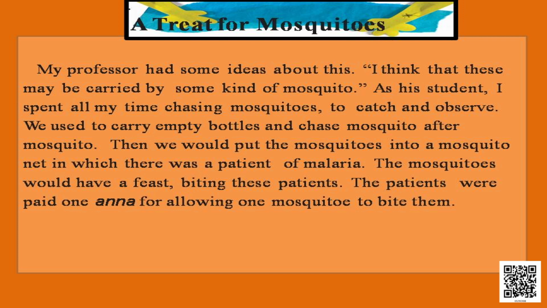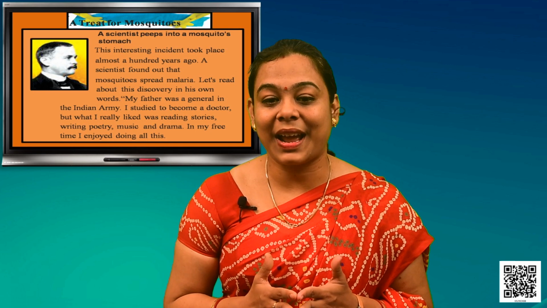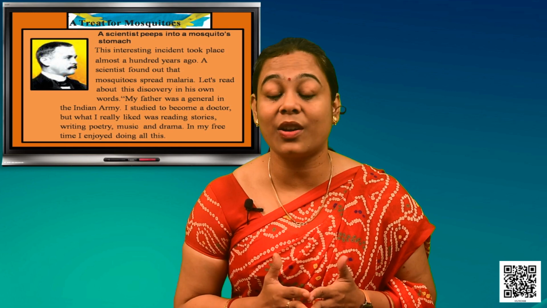The patients were paid 1 anna for allowing one mosquito to bite them. Anna is the currency which was used in earlier times, before the rupee notes came into use. So at that time, the professor said that the mosquito could be the carrier of malaria, and as a student of his professor, the scientist worked very hard to find out how this could happen.